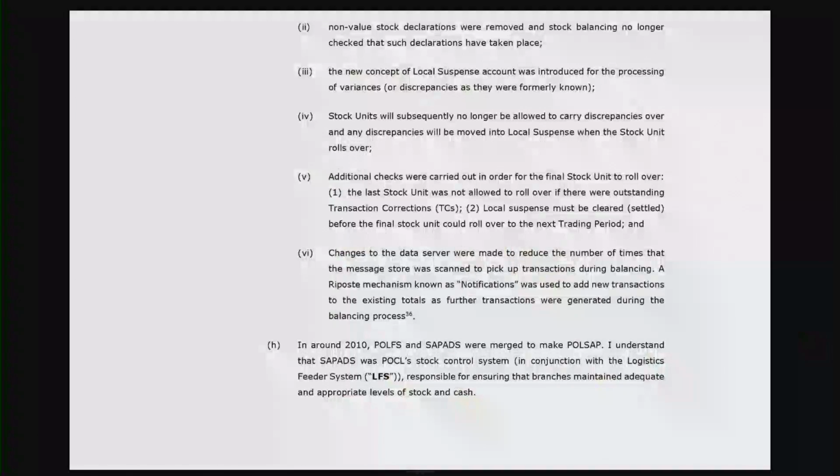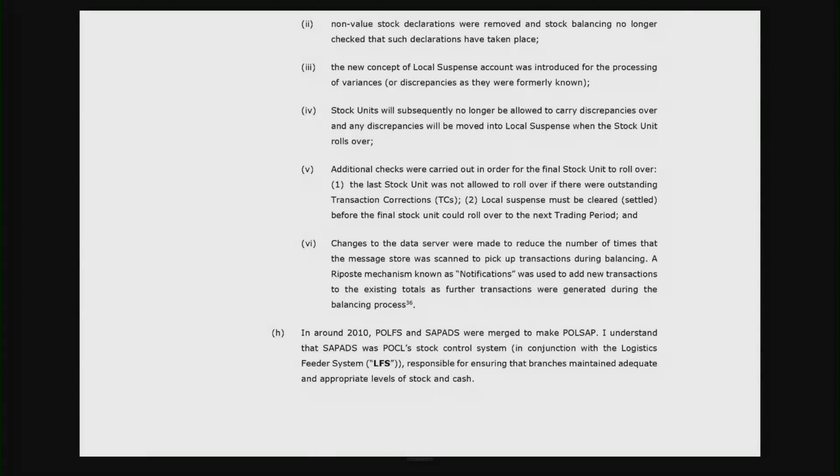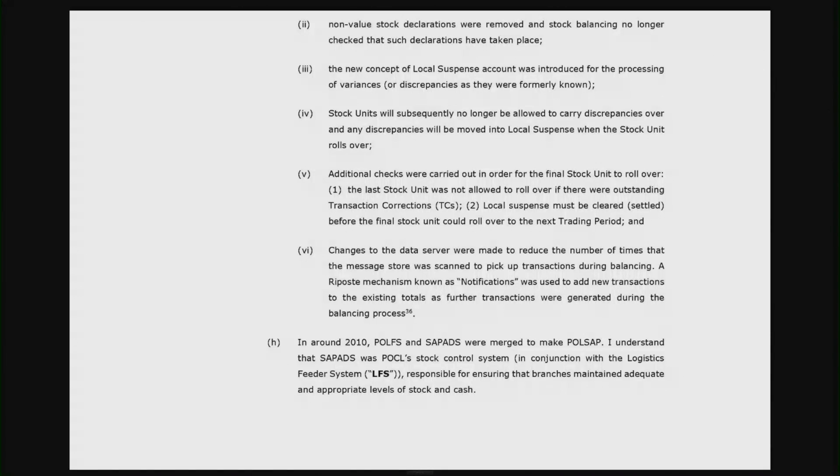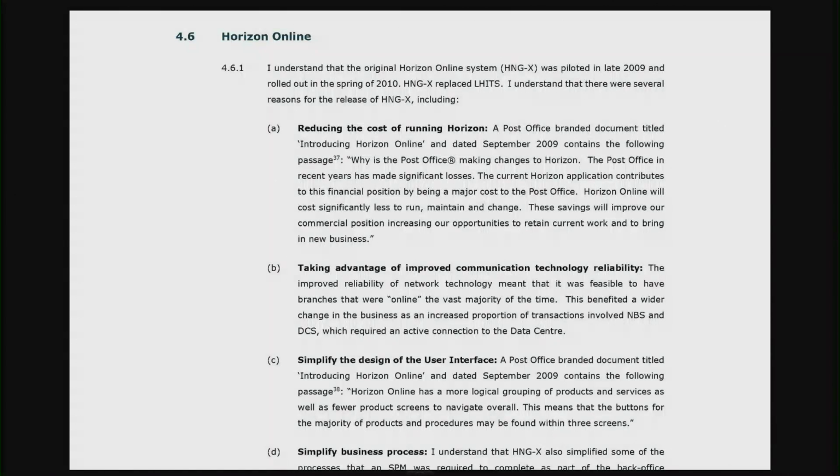Thank you, Mr. Cipione. Can we turn over the page, please, to page 46, and undertake exactly the same exercise, looking at components A, C, and D, missing out component B, but in relation to Horizon Online rather than Legacy Horizon.